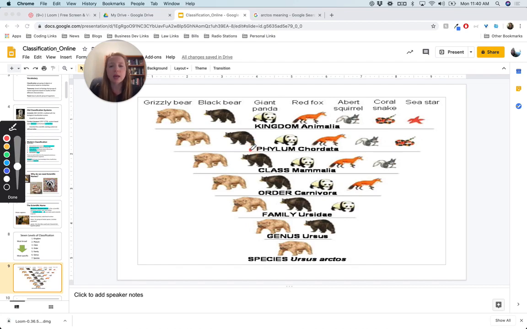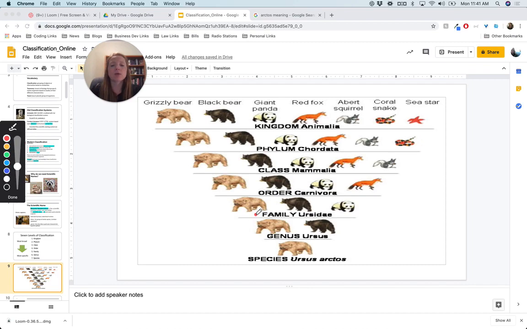So that's a category or a taxon that includes the organisms that'll have a backbone. So grizzly bear is in kingdom Animalia, phylum Chordata because it has a backbone. Its class is Mammalia. So it's in the class with all of the other mammals. The order is Carnivora. So it's in an order with all of the other carnivores or meat eaters.